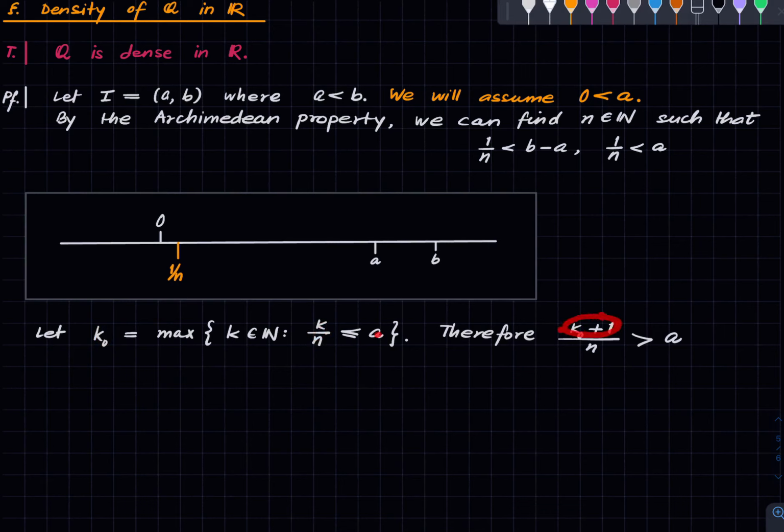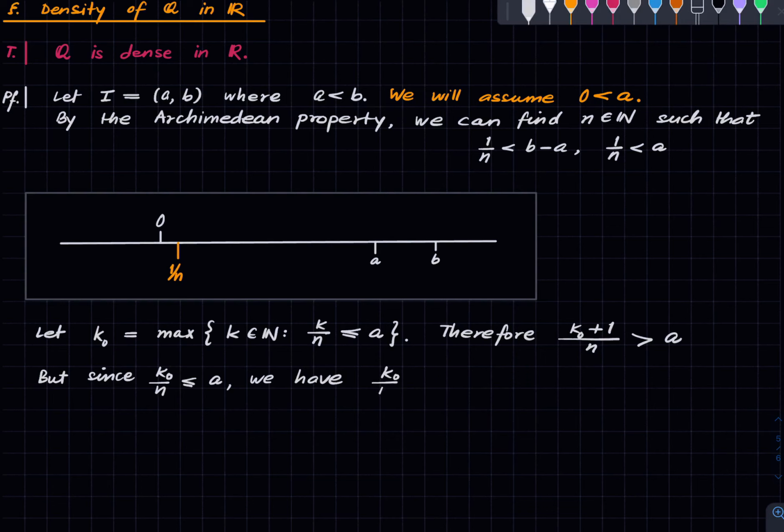So if you take more than those steps, you will cross a. So we have that immediately. And now, but since k naught by n is not less than a, it is less than or equal to a.